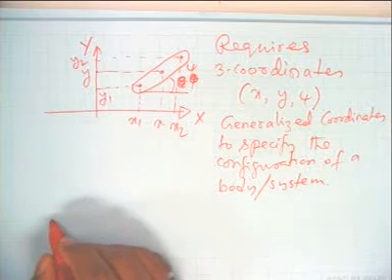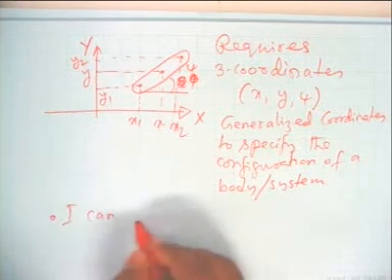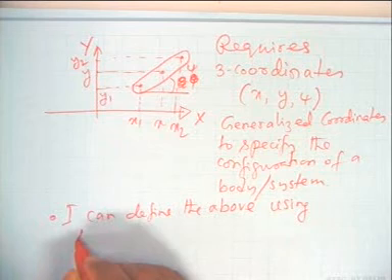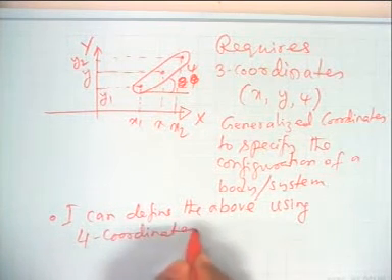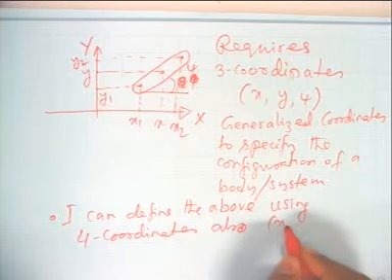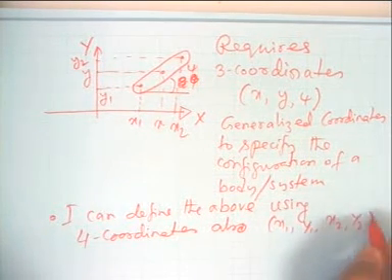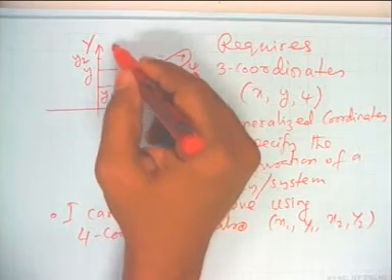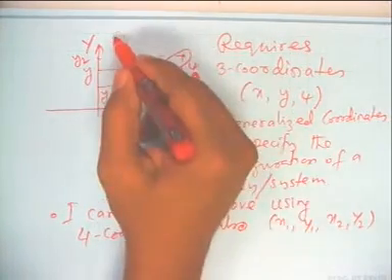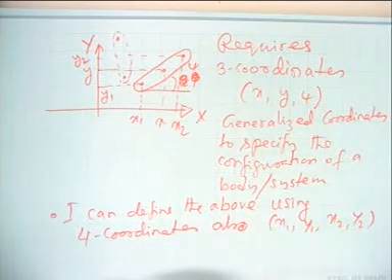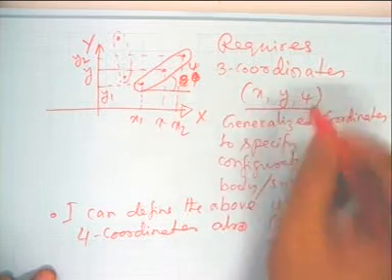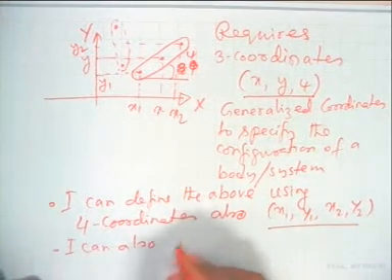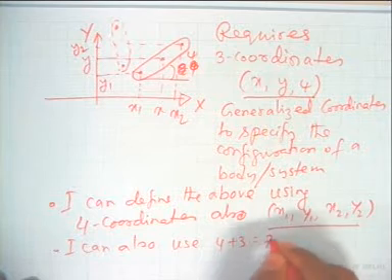So I can also define the above using 4 coordinates: x1, y1, x2, y2. When I use these 4 coordinates, I can still define the same motion wherever it goes. So I can use this set also. I can use this set plus this set, no problem. So I can also use 4 plus 3, 7 coordinates.